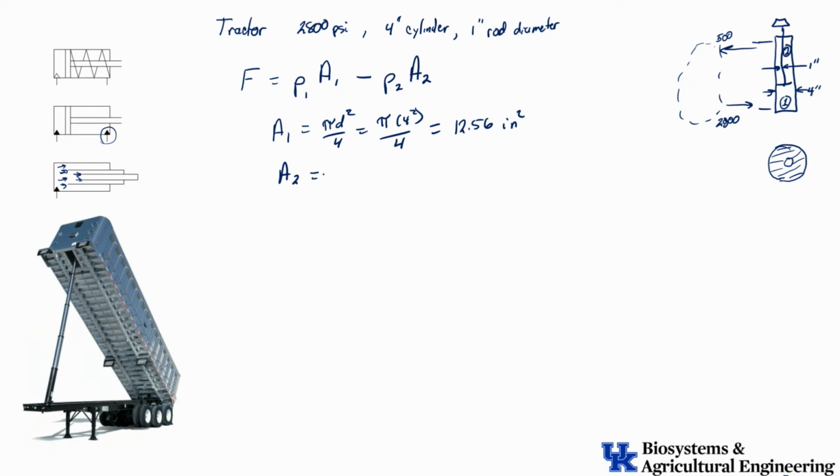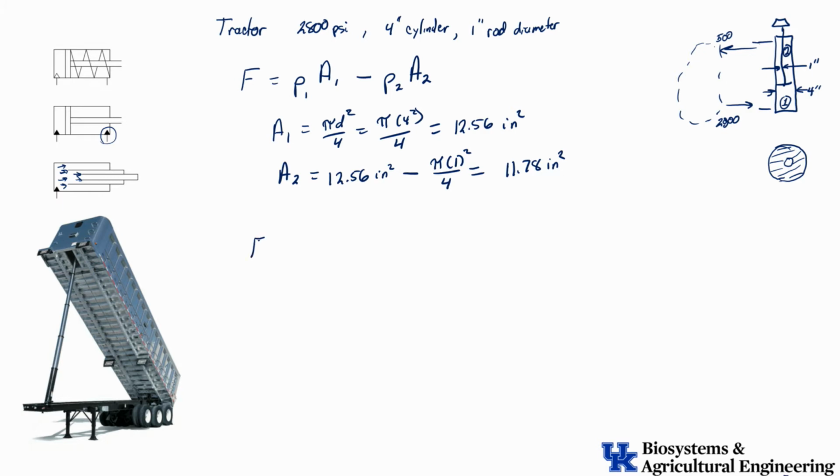So area 2 is going to be this 12.56 square inches, subtracting off pi times 1 squared, because that's the diameter of the rod, over 4. And that equals, if you run the equation, 11.78 square inches.